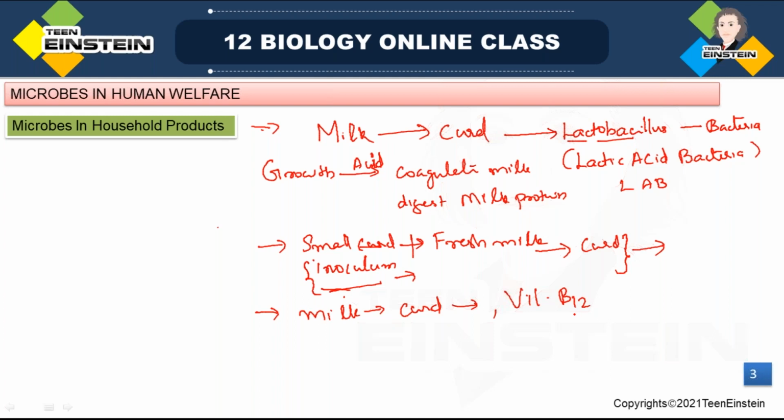So when the milk is getting converted into curd, the nutritional quality is also increasing. Nutritional value is high in curd because it is rich in vitamin B12. Curd has vitamin B12 content also.